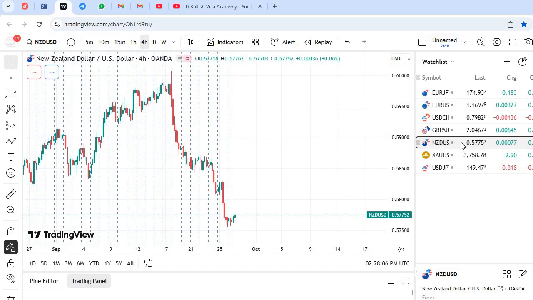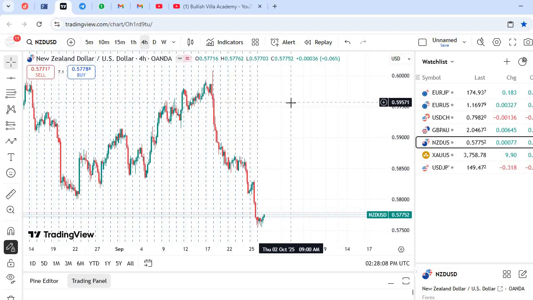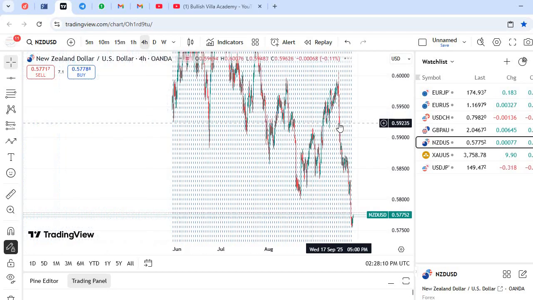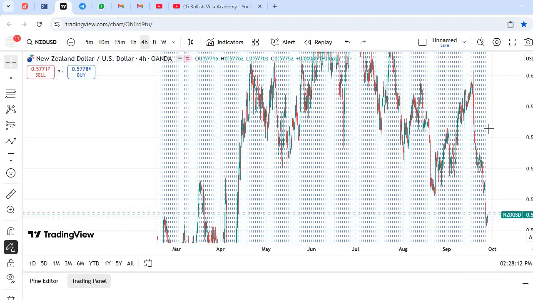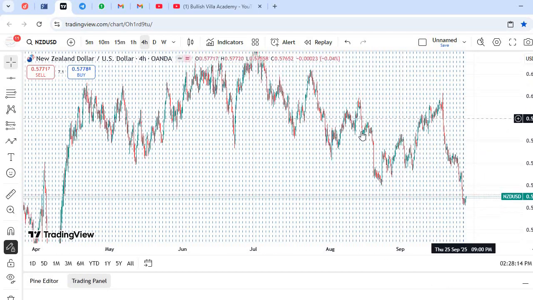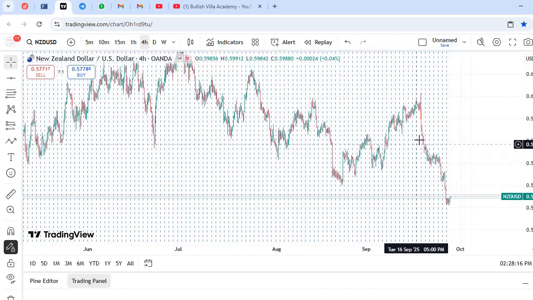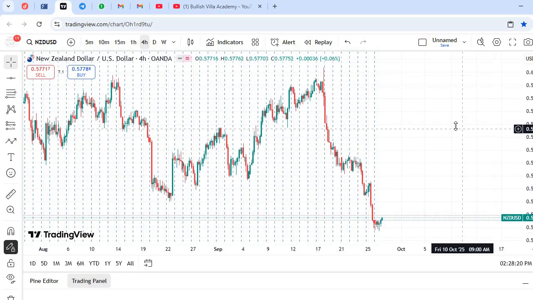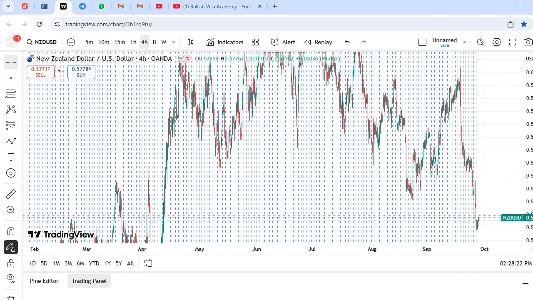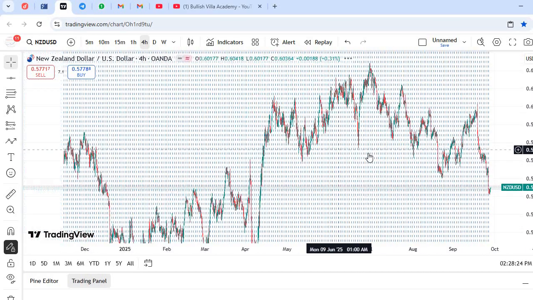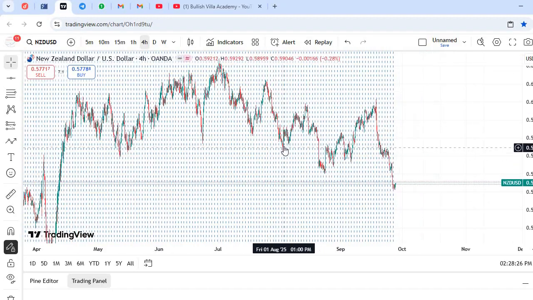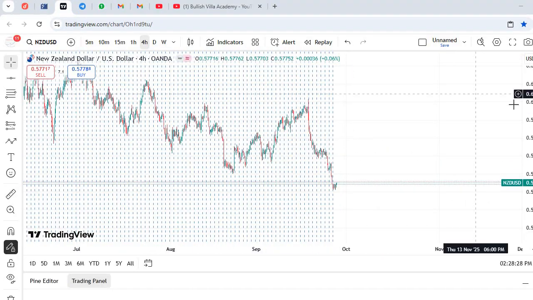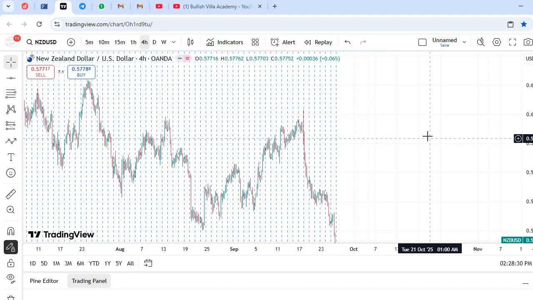Alright, I think NZDUSD. This is a forward time frame. Let me see. What trend are we having here?